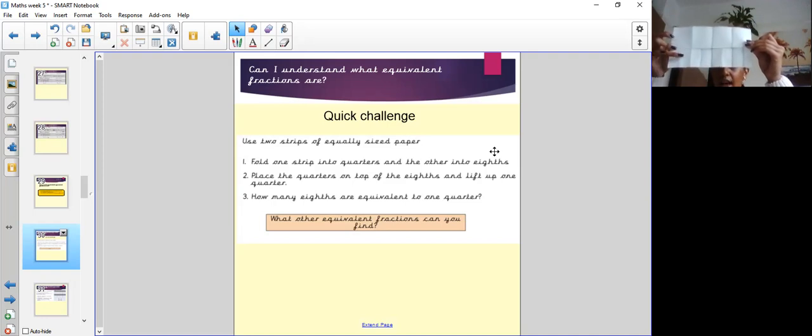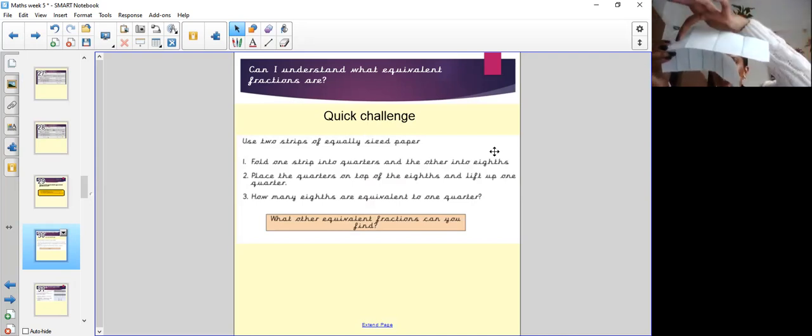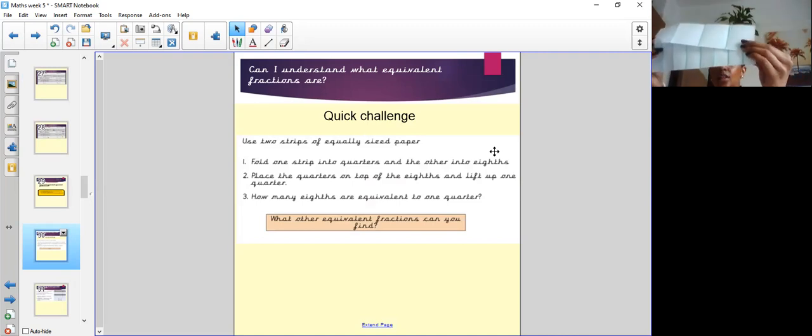How many 8s are equivalent to 1 quarter? It's 2 8s because I've got 2 boxes. Can you see that? 1, 2. So 2 8s is the same as 1 quarter, and 4 8s is the same as 2 quarters. So 2 quarters, and the line goes down here, which makes 4 8s.